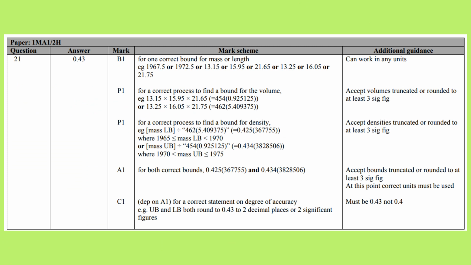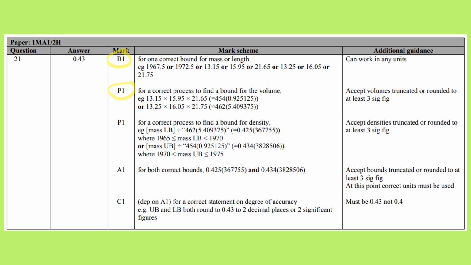So here's the mark scheme, and we're going to have a look then at what we are getting our marks for. So first one is for the correct bound for mass or length, just any one. As long as you have done that one of them correctly, you've got 1 mark. So good place to start. Second mark is for a correct process to find a bound for the volume.